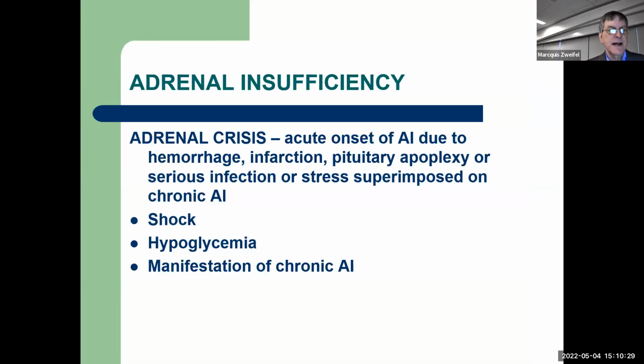And you memorized that slide, so I appreciate it. So adrenal insufficiency causes hypoglycemia. That's one of the things you have to keep in mind. It's not all insulinomas. Okay? I'd like to see more insulinomas, but it's more adrenal insufficiency.